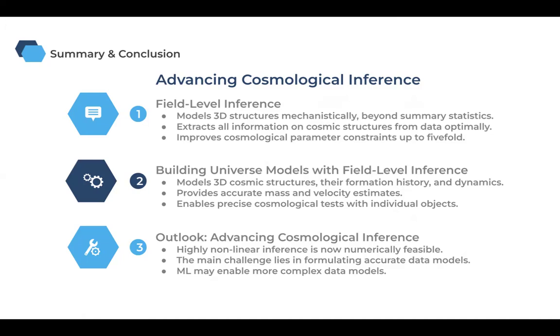It provides us with very accurate mass estimates and velocity estimates that we need to estimate the dynamics, the impact of gravity, and the peculiar realization impact on cosmological parameters, in particular in testing the nearby universe. And it also opens up opportunities for enabling precise cosmology tests with individual objects, such as the COMA cluster.